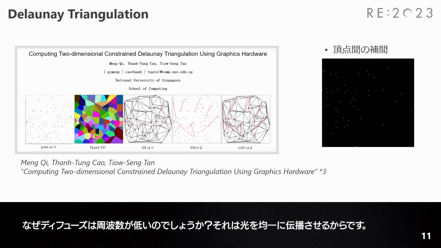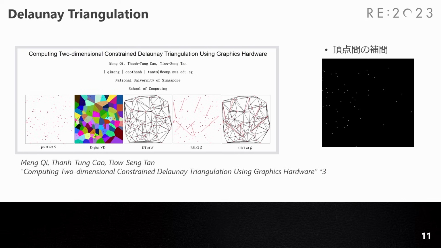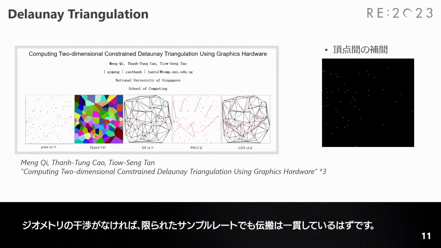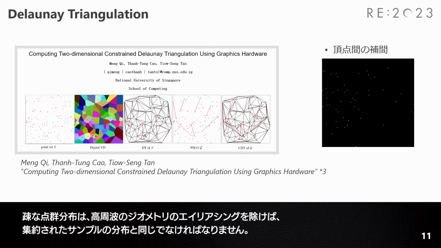Why does diffuse result in a low frequency output? Because it propagates the light uniformly. Without geometry interference, the propagation from samples should be consistent even with a limited sample rate. Sparse point cloud distribution should be the same as an aggregated sample distribution except for the high frequency geometry aliasing.